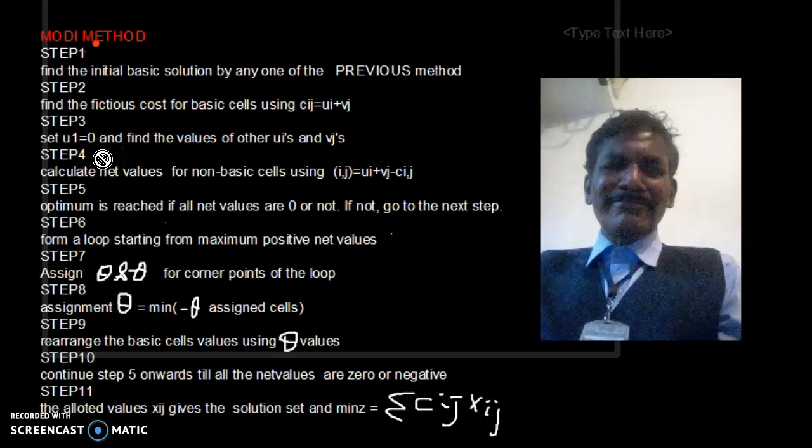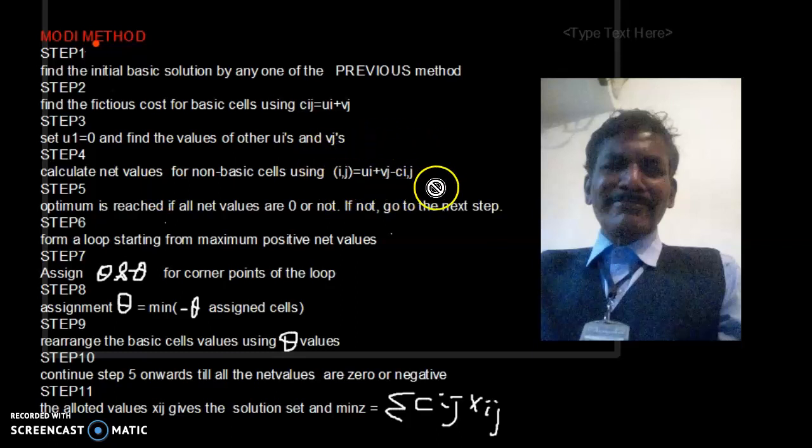In step number 4, we calculate net values for non-basic cells. We find the net values by using the formula Iij equals ui plus vj minus Cij.